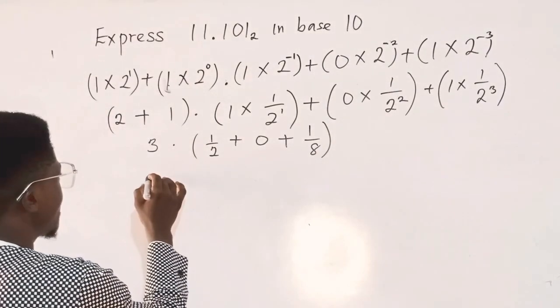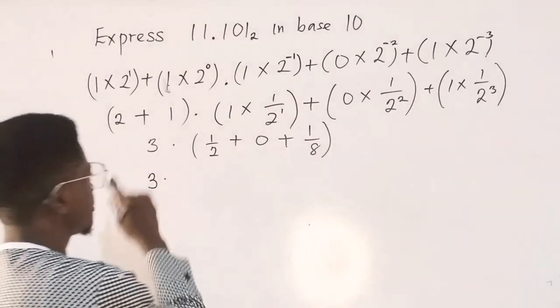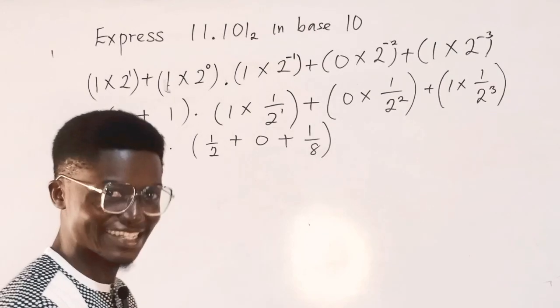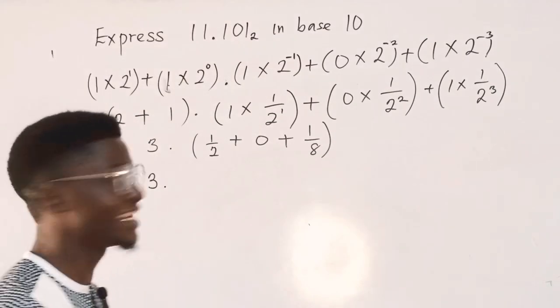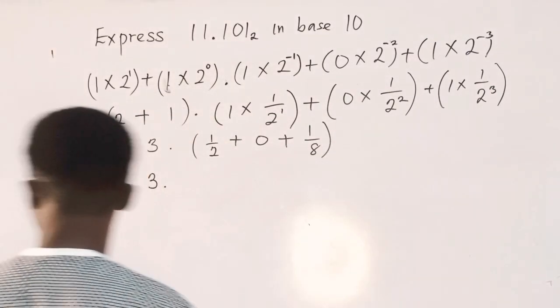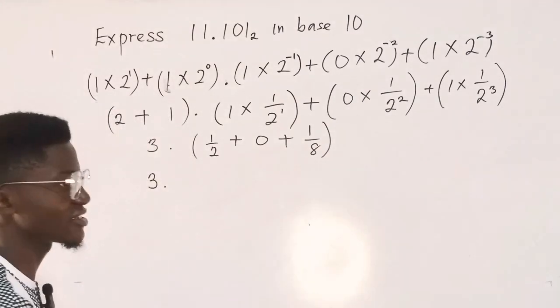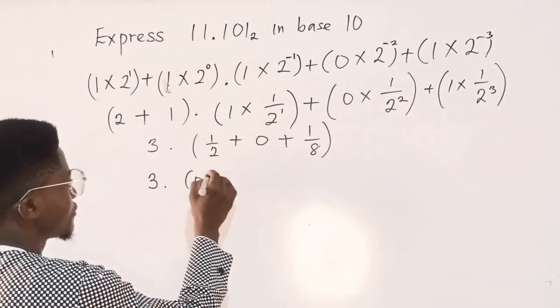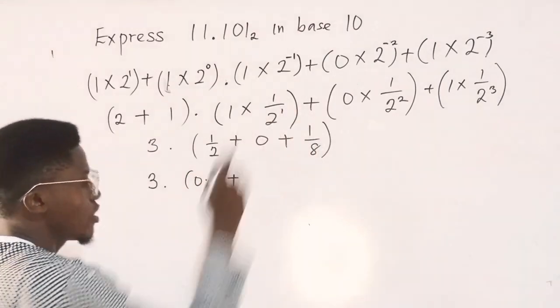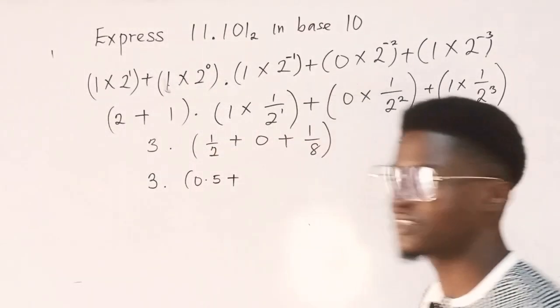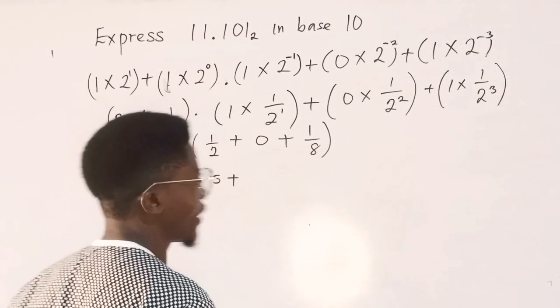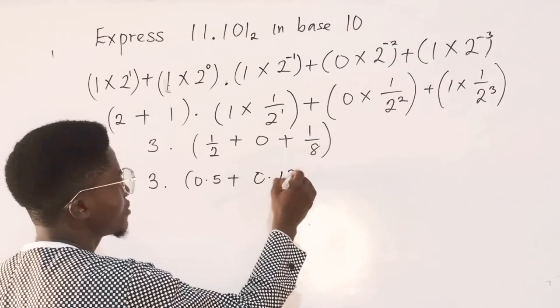Now, we shall have 3 point. Let me place the decimal well so that we'll know the difference between dot and decimal. 1 over 2 is the same thing as 0.5. Plus 1 over 8. Don't forget, 1 over 8 is the same thing as 0.125.